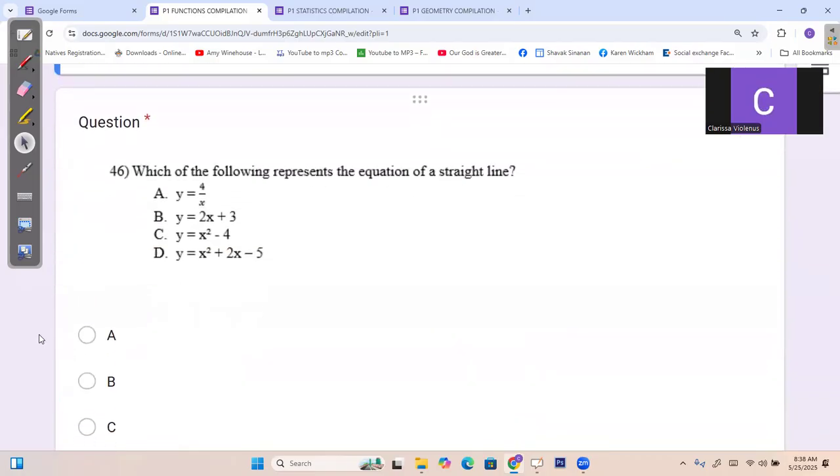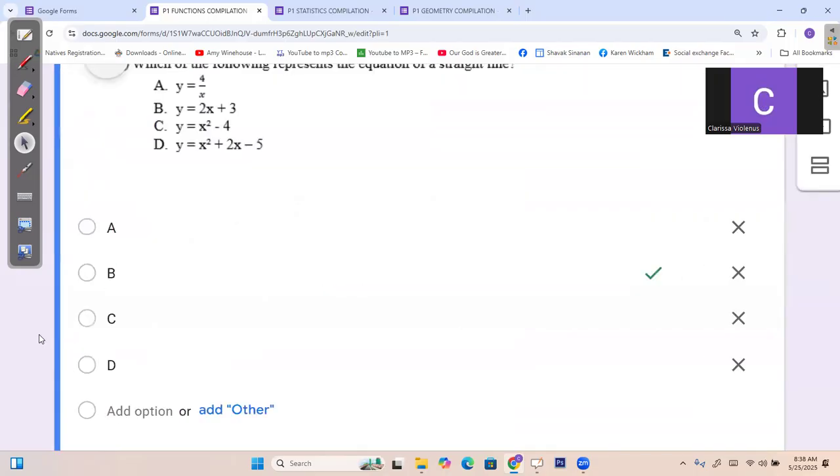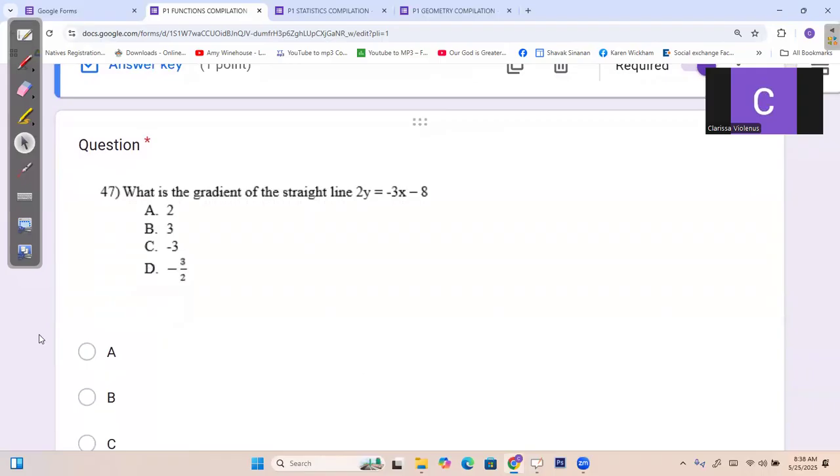Which of the following represents the equation of a straight line? We did this already. Not A, not C, not D. So the only answer is B. Which one is the gradient? We have to divide by 2 because it needs to look like y equals mx plus c. So your answer is negative 3 over 2.